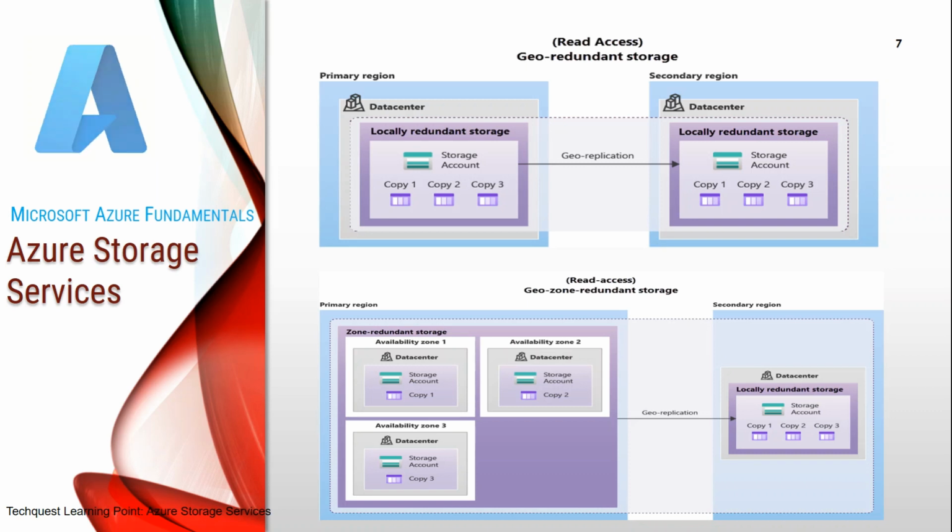Geo Zone Redundant Storage (GZRS) combines the high availability provided by redundancy across availability zones with protection from regional outages provided by geo-replication. Data in a GZRS storage account is copied across 3 Azure availability zones in the primary region, similar to ZRS, and is also replicated to a secondary geographic region using LRS for protection from regional disasters.